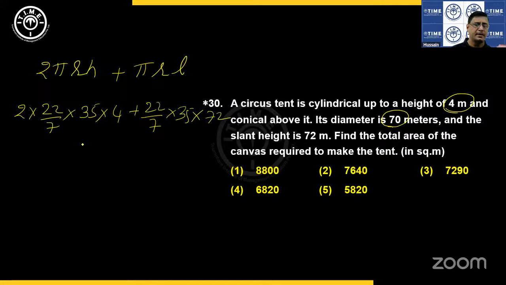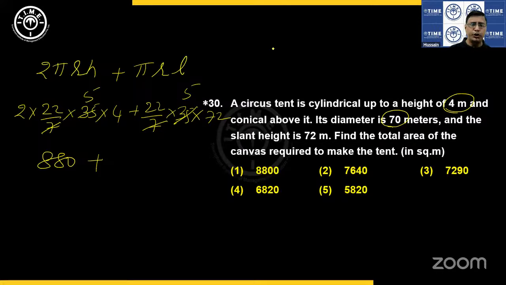Simplify. 7 goes exactly 5 times in 35. 2 into 5, 10. 4 into 8, 22, 88. 88 into 10, 880. Now, what about this one? It was exactly 5 times.